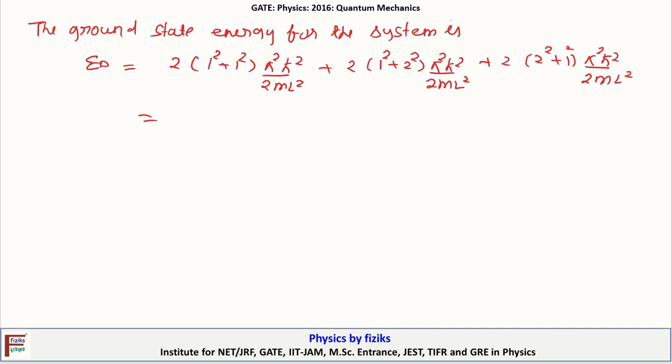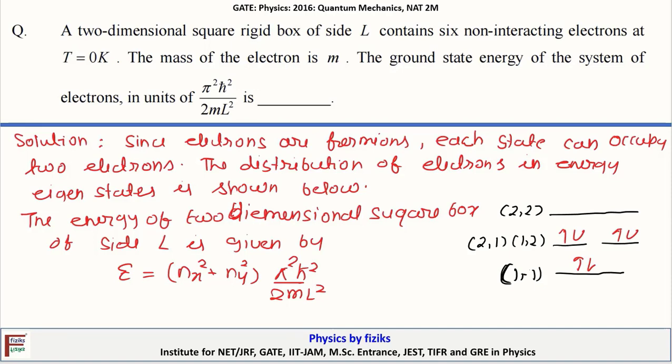So the result is 24 π²ħ²/(2mL²). So our answer for this problem is 24.